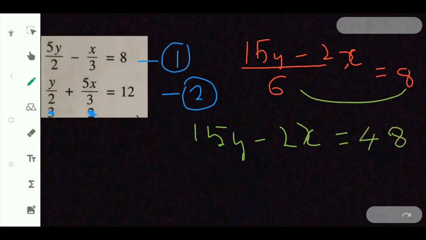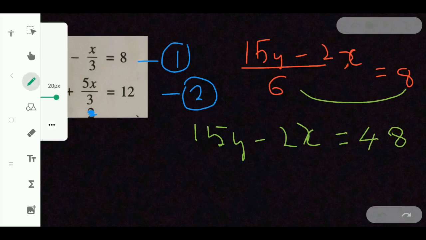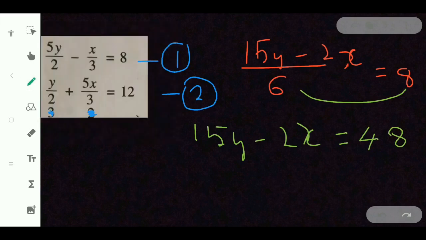So now we got a one line equation. So let us make the second equation also in the same way and try to solve them. y by 2 plus 5x by 3, I can take LCM as 6.